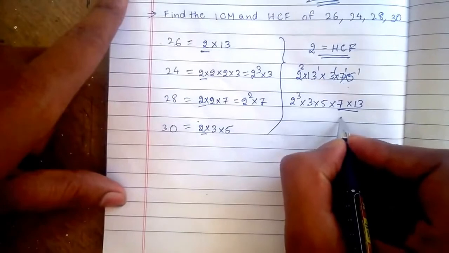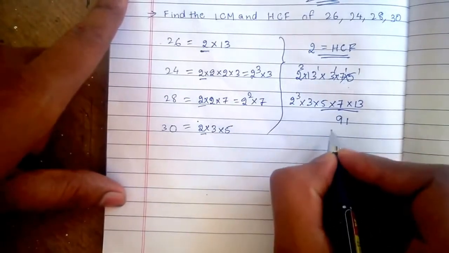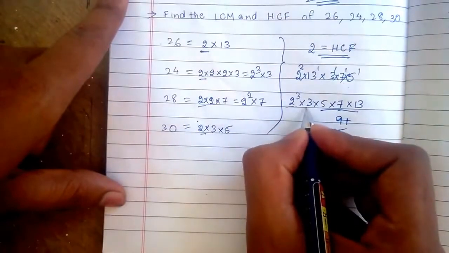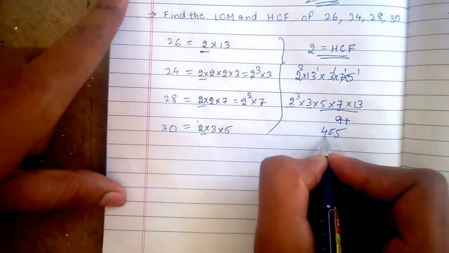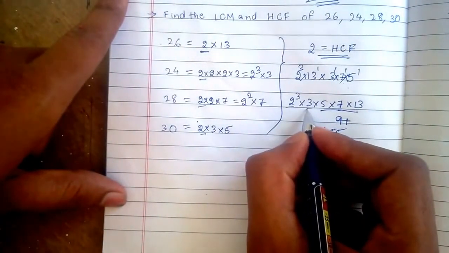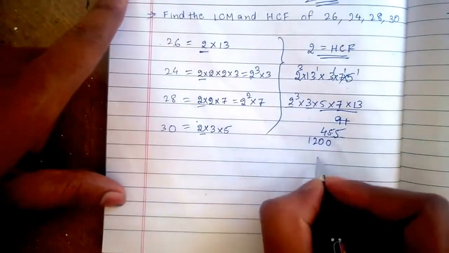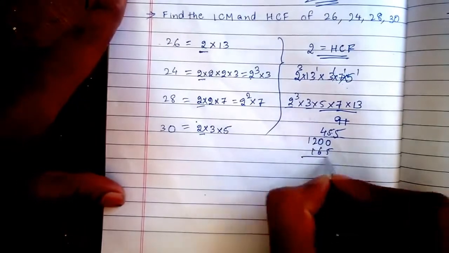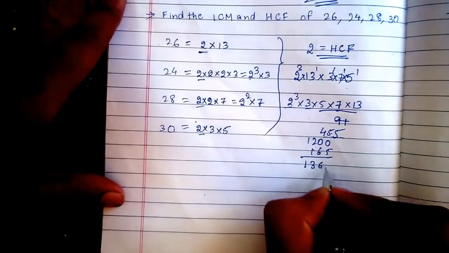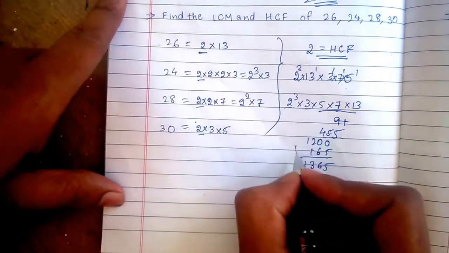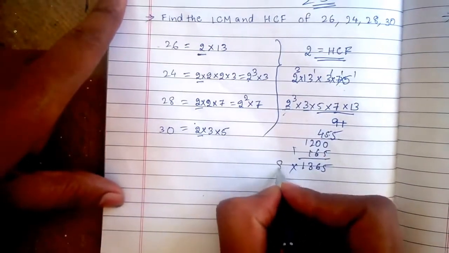13 into 7 should be 91, into 5 should give us 455, and 2 cube into 3, 455 into 3 should be 1365, and 1365 multiplied by 8, still we have 8 remaining.